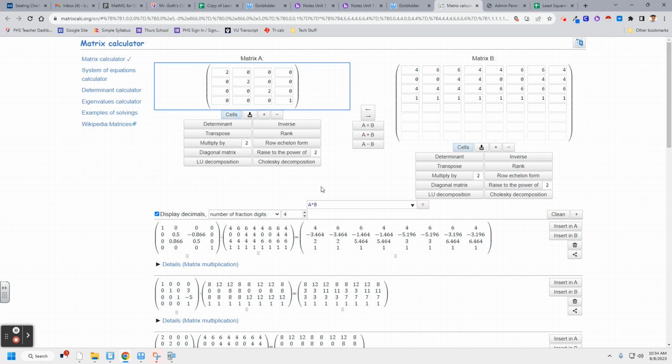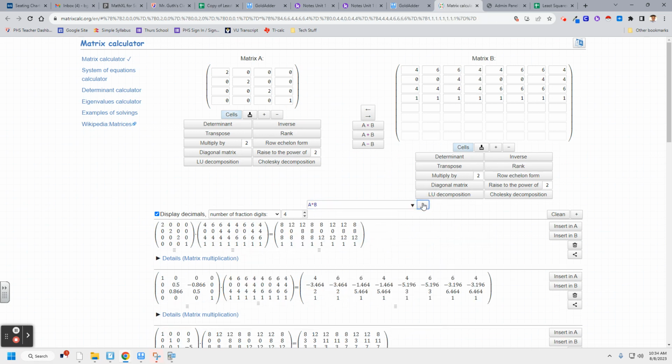Okay, so I still want A times B. I want to take this times this same matrix, I believe, right? And we get this, okay?